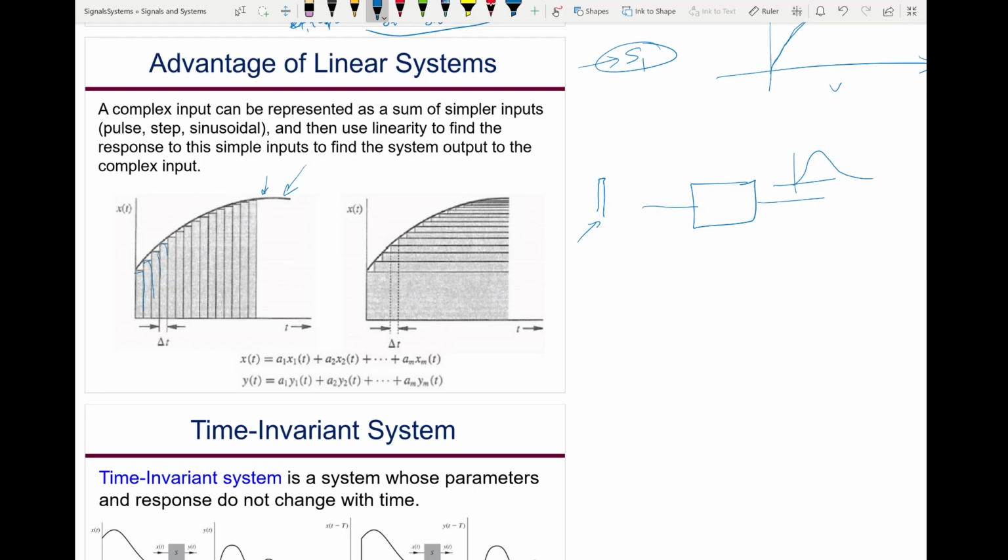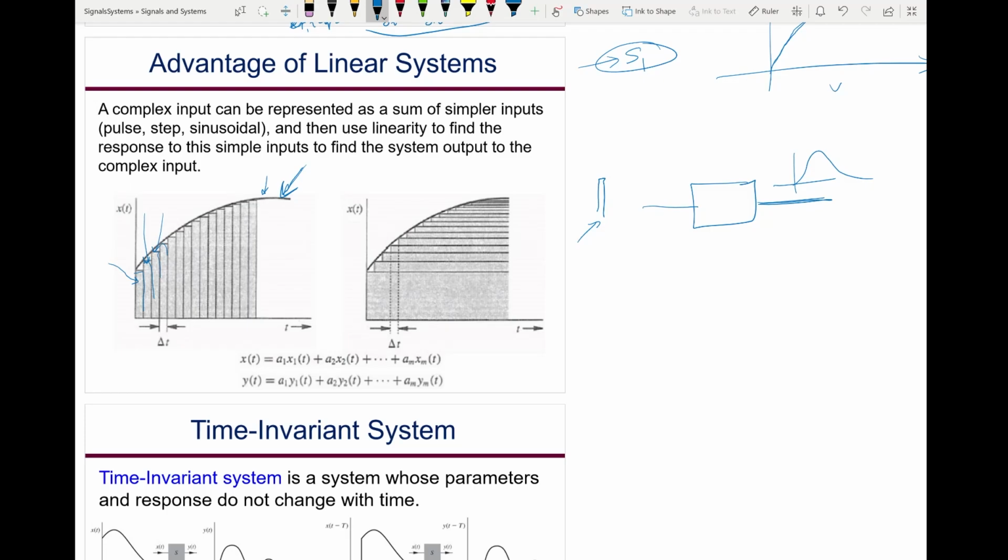And because the system is linear, the output of the system will be the output due to this pulse plus the output due to this pulse plus the output due to this one, and you sum all these outputs, and that will be exactly the same as the output to this curve. And that's only because of linearity. And that's the advantage of linearity.